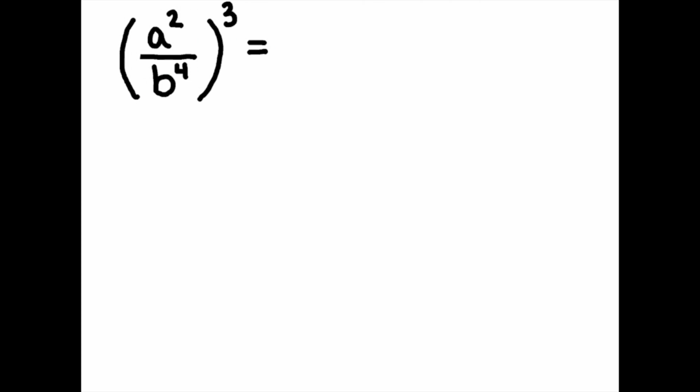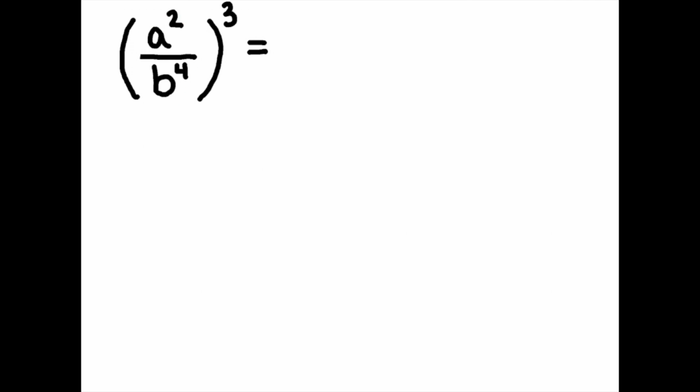All right, this example looks a little like one from yesterday, the power of a power, but that was with multiplication, and now we're doing division. So how does this look with division? Well, it looks very similar to the one with multiplication, but let's expand this out, right? So this power of 3 tells me that everything in here is multiplying 3 times.